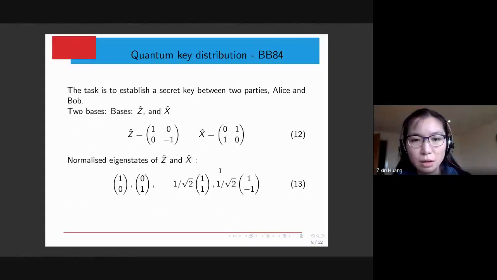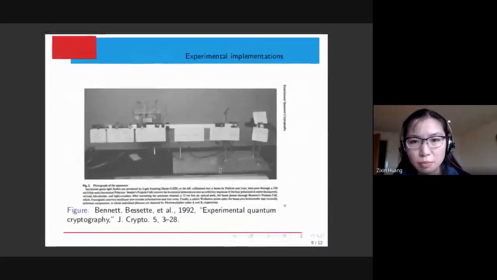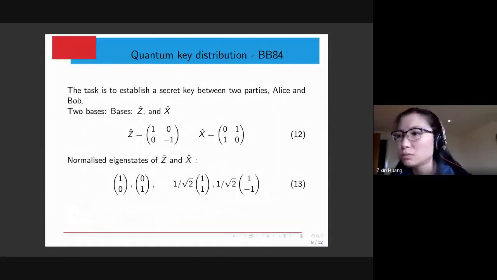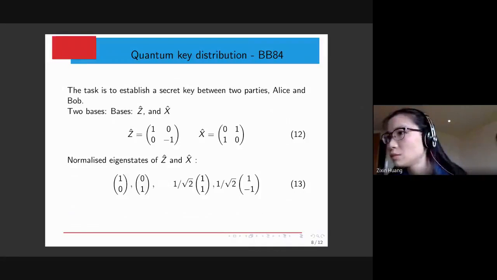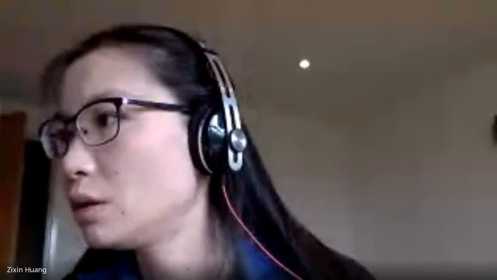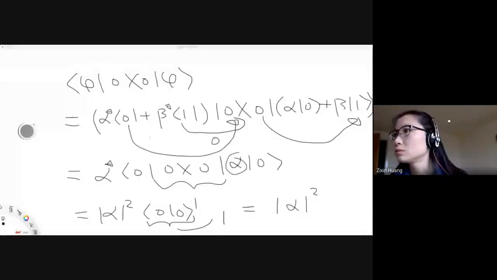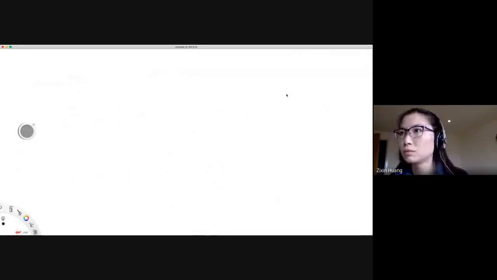So I will do, once again, the protocol on the board. So the protocol goes as follows.